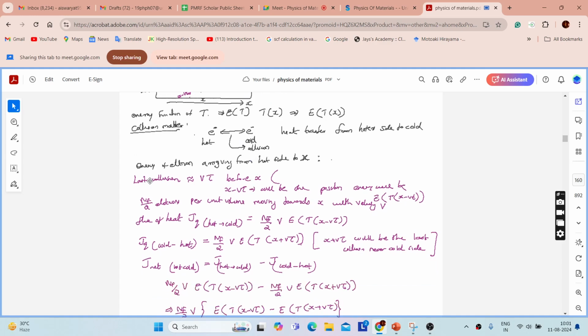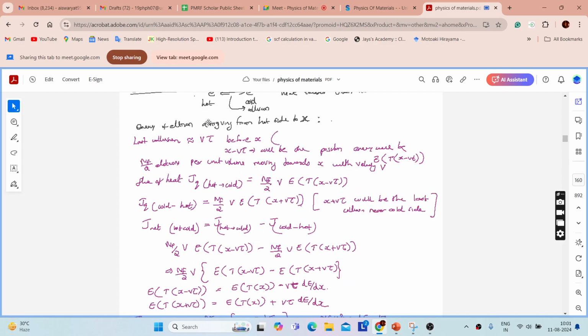So we are considering a point at x. The last collision happened at v tau. If it is before x by some distance, that will be x minus v tau, then we can write the flux as nf by 2 v epsilon of T of x minus v tau. Similarly, Jq is nf by 2 v epsilon of T of x plus v tau. So the net flux will be hot to cold minus cold to hot.